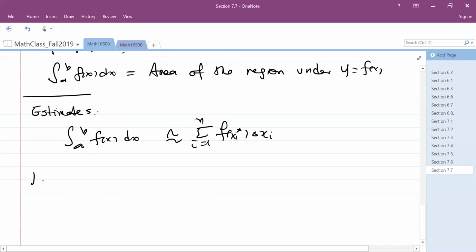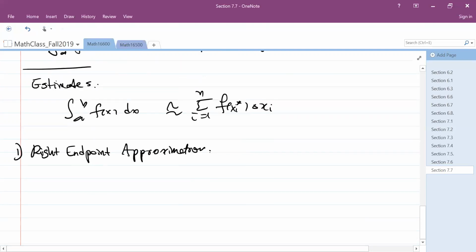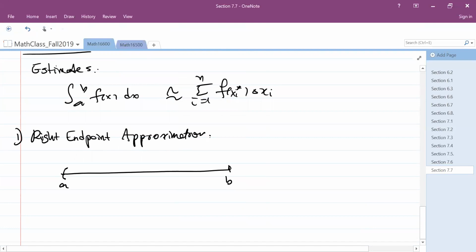Let's look at right end point approximation. The idea is that this is the interval, A and B. I'm going to choose subintervals of equal size.